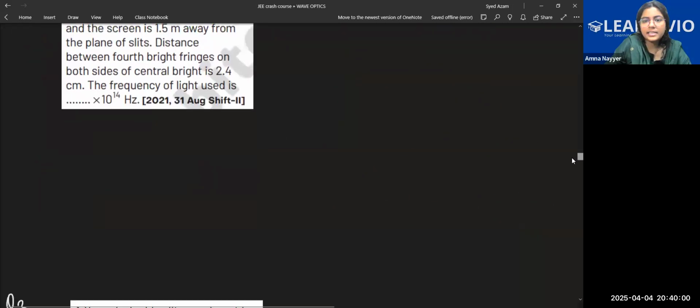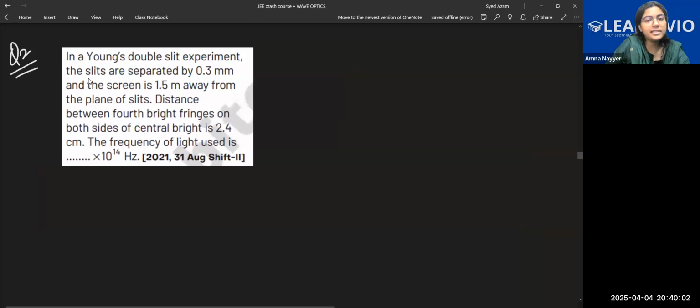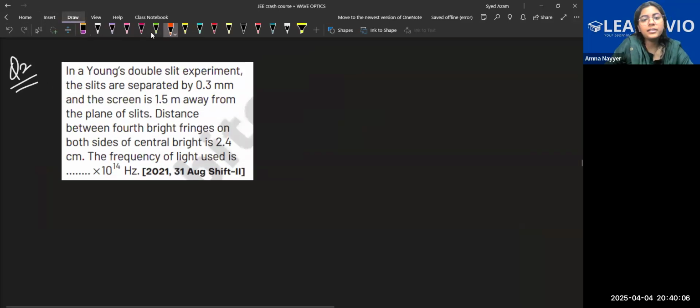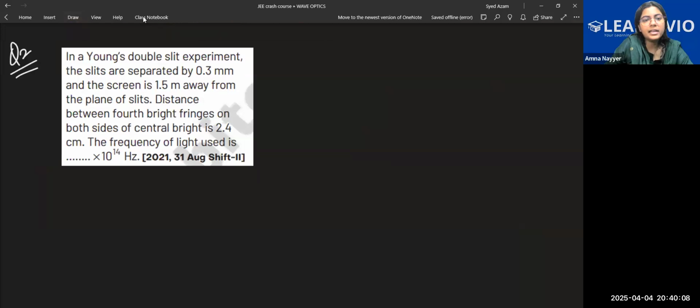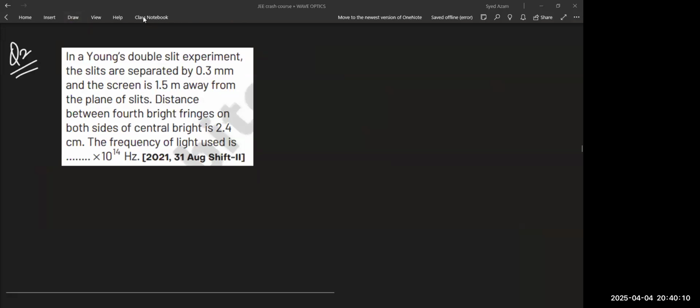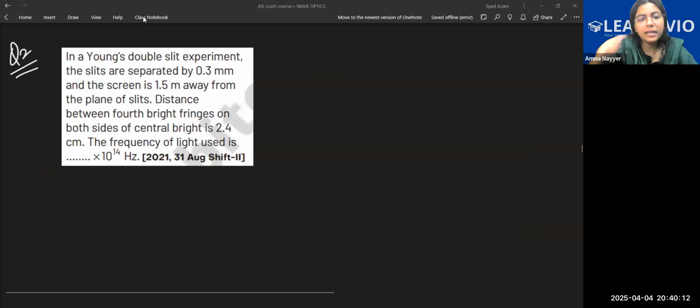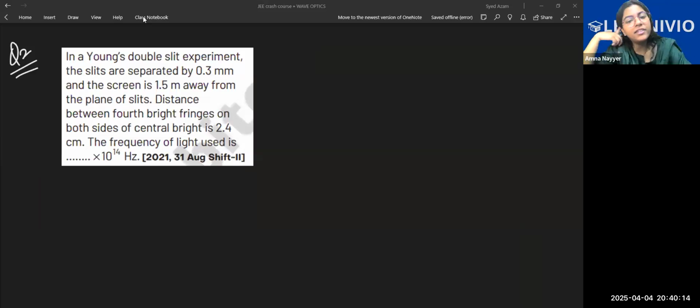This is saying in a Young's double slit experiment, the slits are separated by 0.3 millimeters, and the screen is 1.5 meters away from the plane of the slits. It says the distance between fourth bright fringes on both sides of the central bright fringe is 2.4 centimeters.